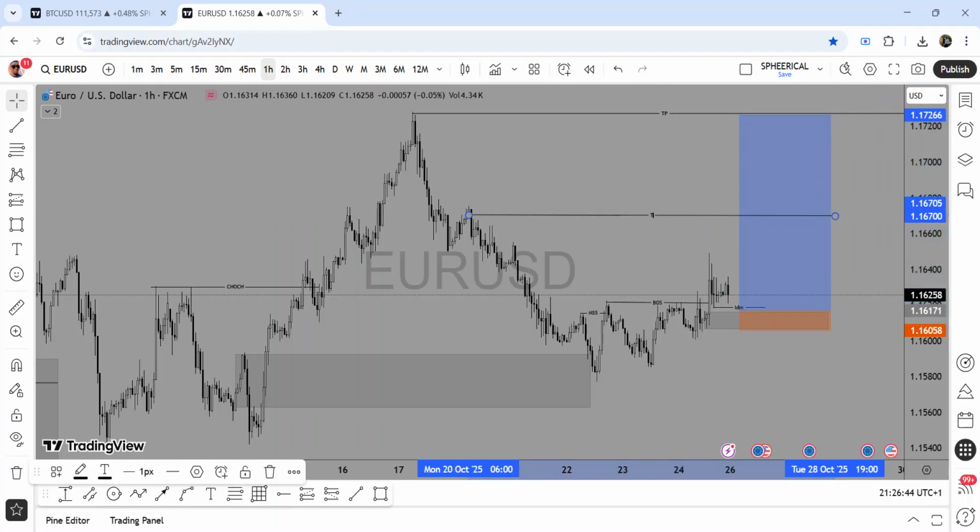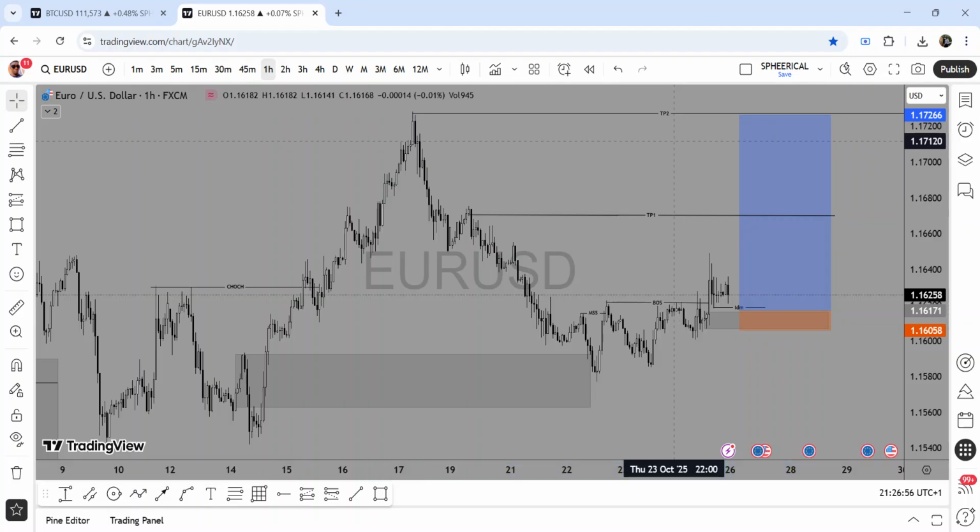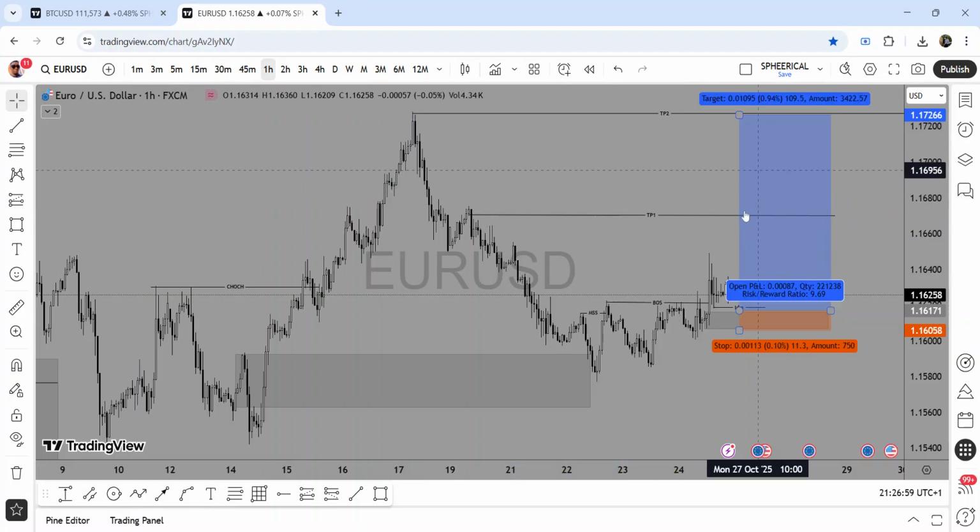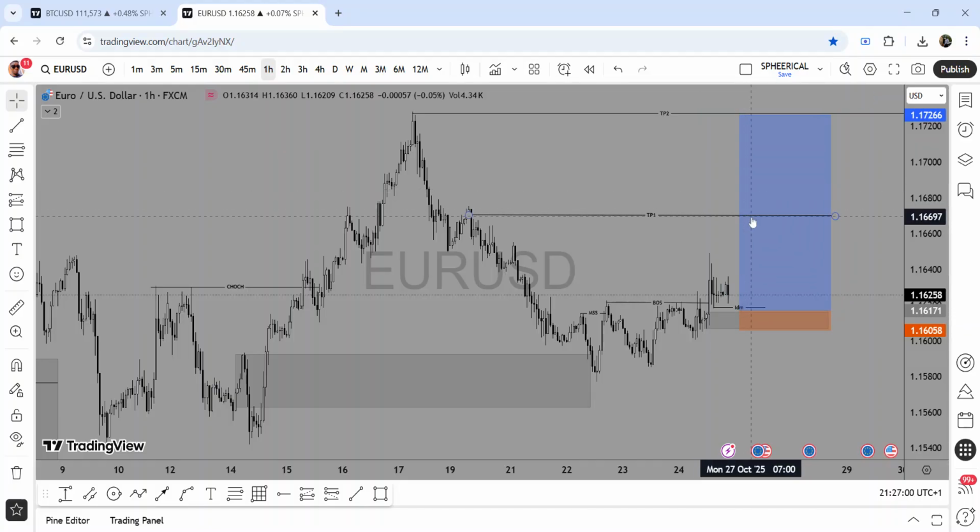If you want to hold till then, you can hold till then. So I'll label this TP1 and TP2. If you want to hold till there as a swing trader, you can hold till there. If you want to take your profit here, this is about 50 pips. This is 100 pips. So take your profit from any of them.